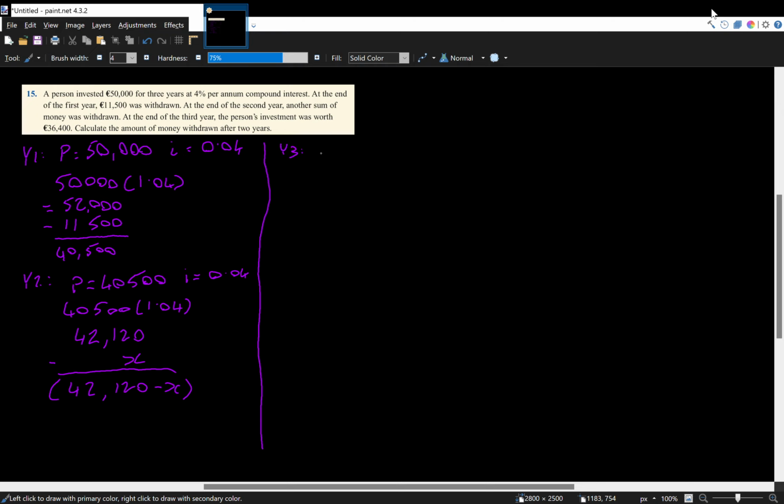In year 3, our principal amount is 42,120 minus X. Our interest rate is still 0.04, so we increase our principal amount by 4%: 42,120 minus X multiplied by 1.04.